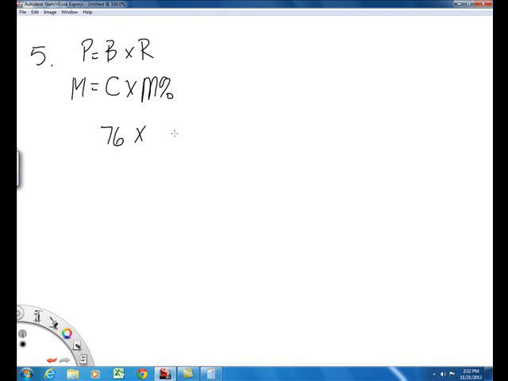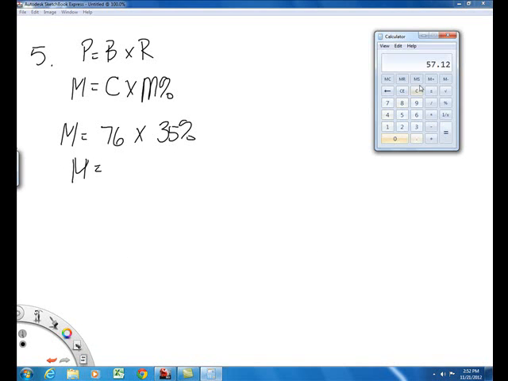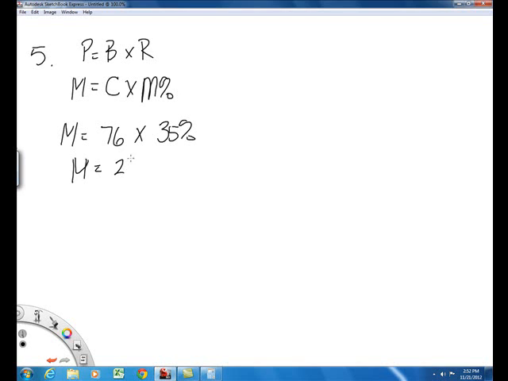I know my mark on rate. My mark on rate is 35%. That leaves me solving for my mark on amount. All I have to do in this case is 76 times 35%. This calculator wants me to put it in as 76 times 0.35, $26.60 is the actual mark on amount.